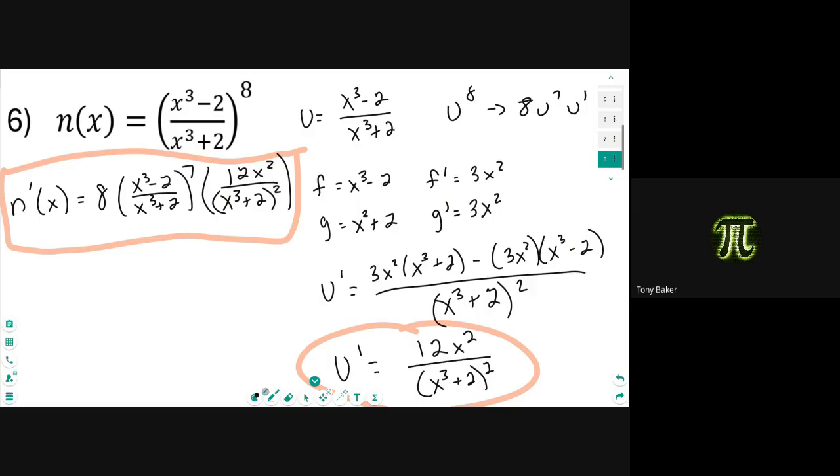Actually, if you really wanted to, this actually simplifies to this. That's what it actually simplifies to. Because it's all multiplied, you can just literally put them all together. Still acceptable. Yeah, I'll accept that.